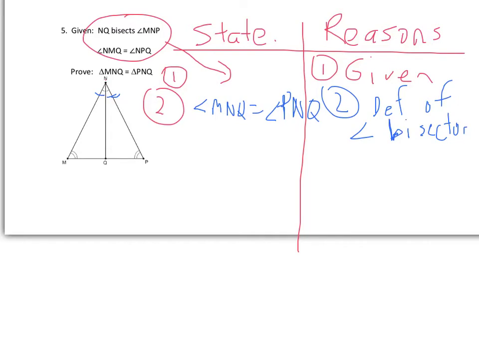We were given that angle NMQ is equal to NPQ, and if you notice those are marked down here already. Okay, and right now we have two pairs of congruent angles, and we also will use this a lot in proofs. This side right here is shared by both triangles.